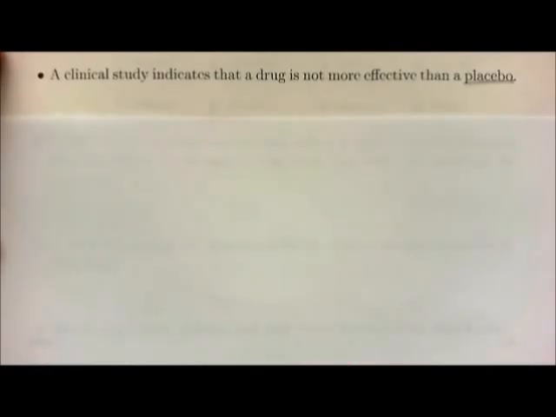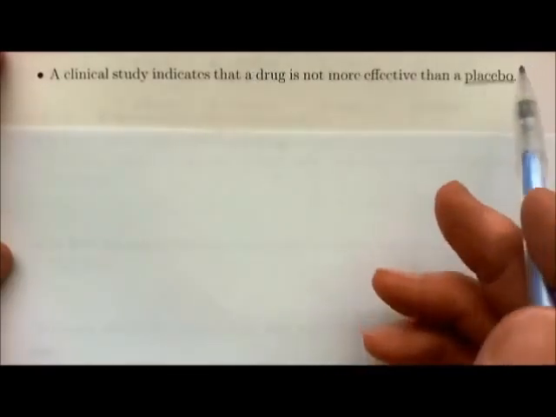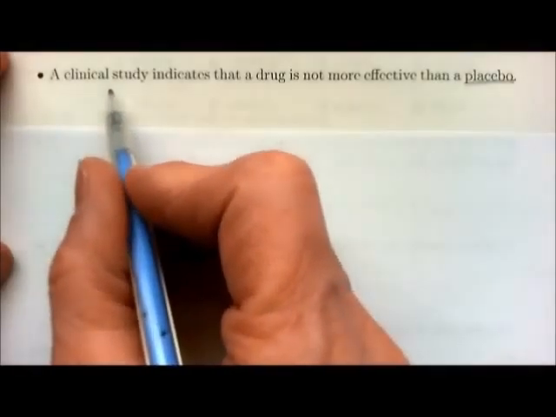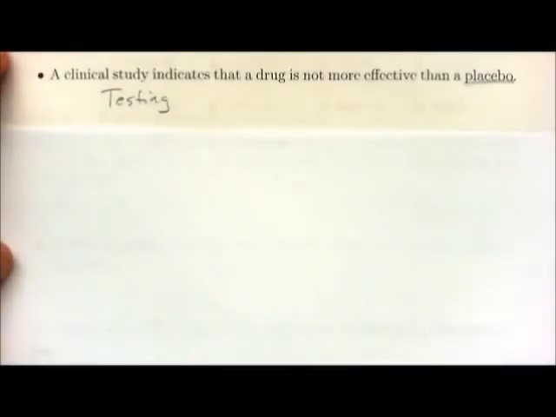In this case, they decided that the drug is no more effective than a placebo. They're comparing two things, the drug and the placebo. So that's testing. They were testing the drug to see if it was effective. So this is an example of testing.